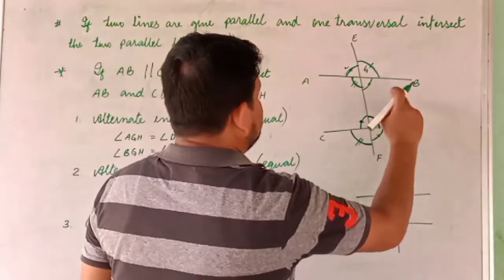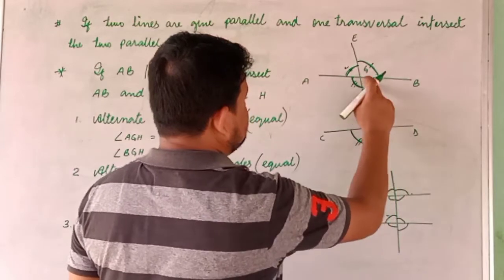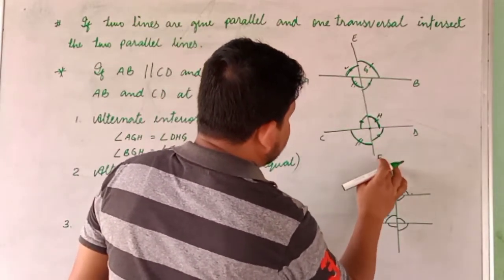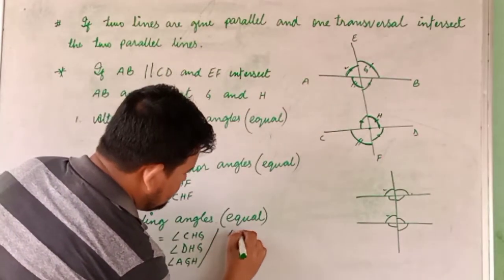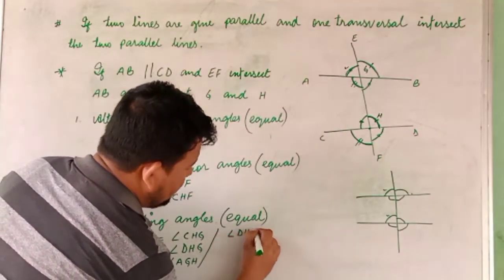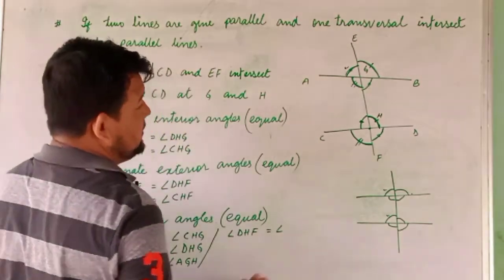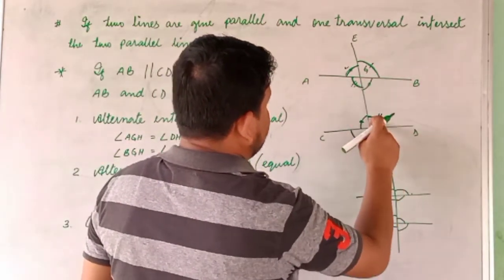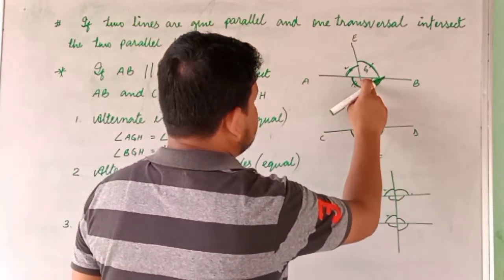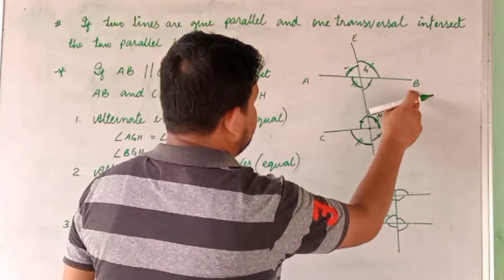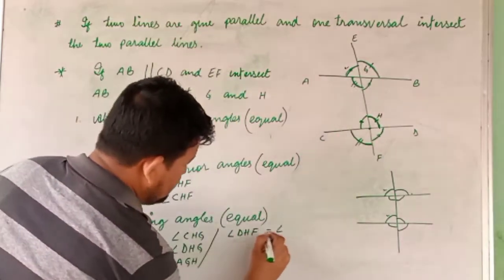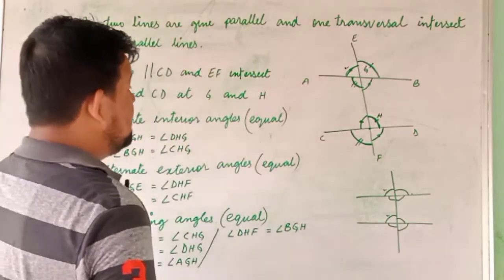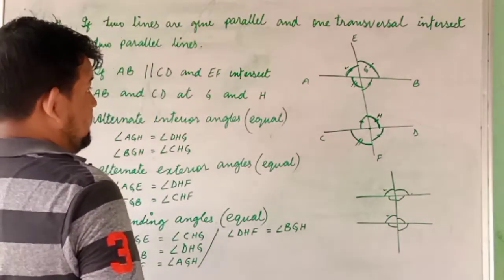This angle is also equal to this angle, because these two angles are corresponding angles. Then what we can say? Angle DHF is equal to angle BGH, this angle and this angle.